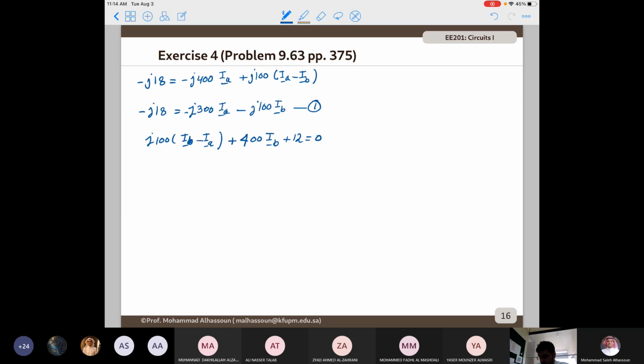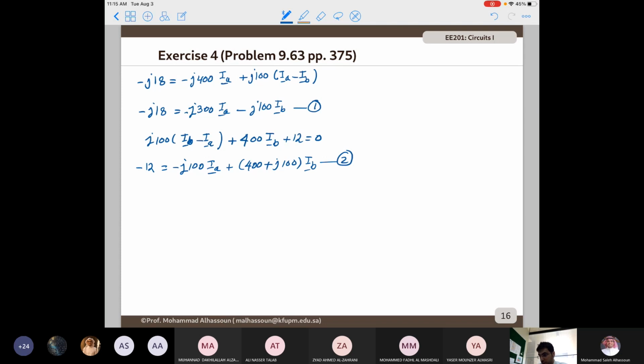So if I simplify it, I will end up with negative 12, J100 IA plus 400 plus J100 IB.